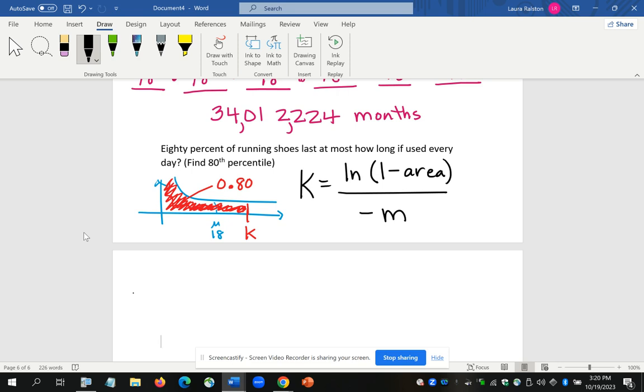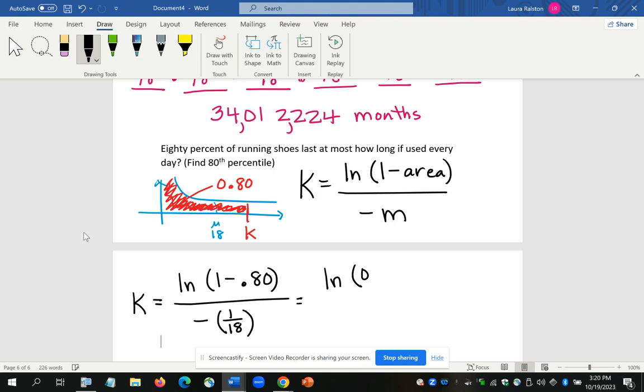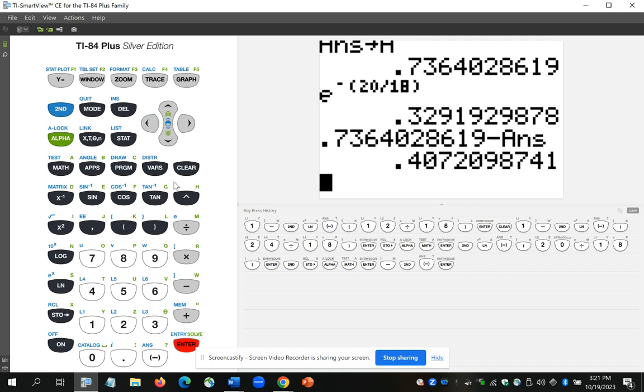So for this problem, I would have K equals the natural log of 1 minus the 80% divided by the negative of 1/18. So I have the natural log of 20% or 0.20 divided by negative 1/18. And I'm going to go out to my calculator and do that. You just got to make sure you put enough parentheses around it.